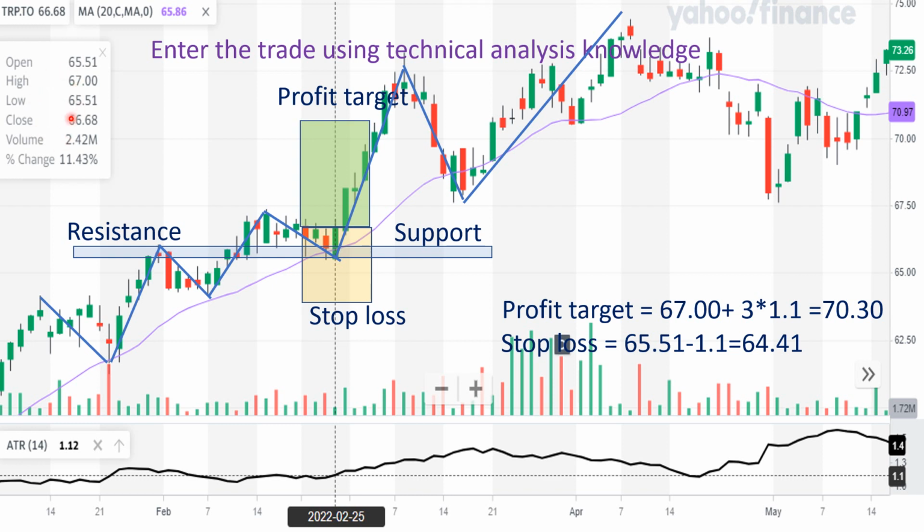The second method to set our stop loss and profit target is we put 2 ATR below the close price for the stop loss, and we put 4 ATR above the close price for profit target. This way we can have 2-to-1 reward to risk ratio. So this is how we enter the trade using technical analysis knowledge.